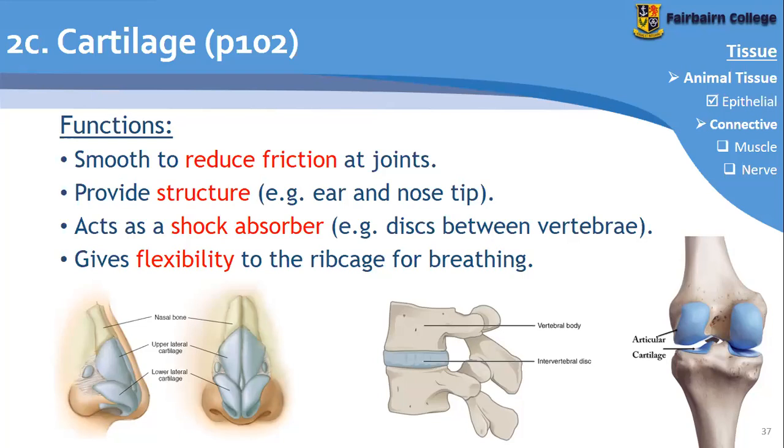What you actually have there is cartilage that connects the ribs so that the ribs can easily expand and contract when you inhale and exhale, so that the ribs can move out and in again without causing stress on the ribs. So cartilage allows flexibility. Okay, so just remember these four functions. They're highlighted in red. So that's why we need cartilage all throughout the body.